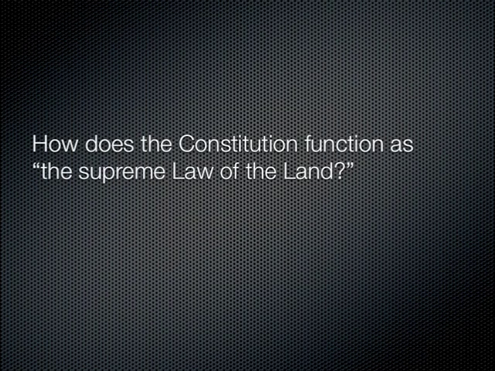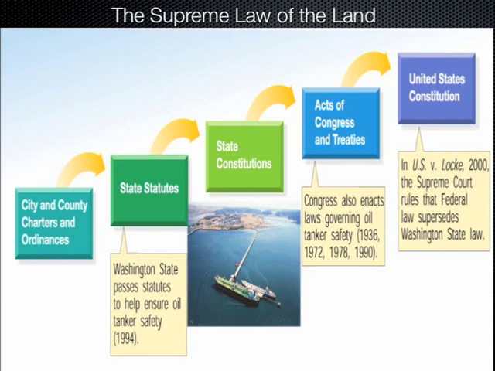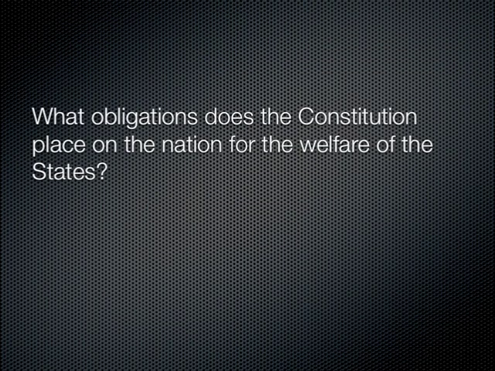How does the Constitution function as the supreme law of the land? The Supremacy Clause in the Constitution establishes the Constitution and United States laws as the supreme law of the land. What obligations does the Constitution place on the nation for the welfare of the states?